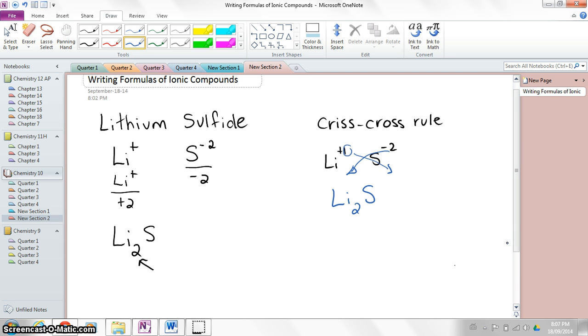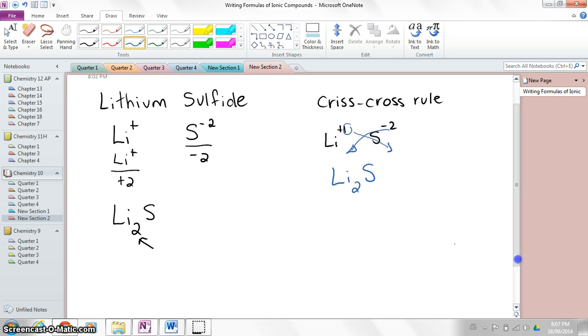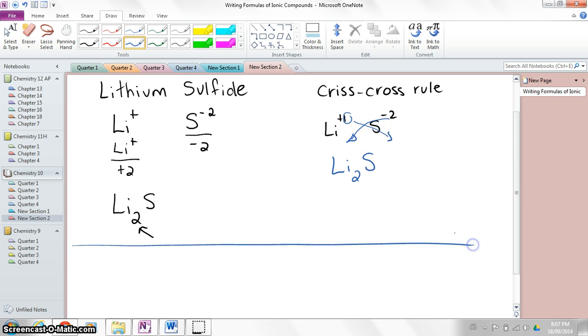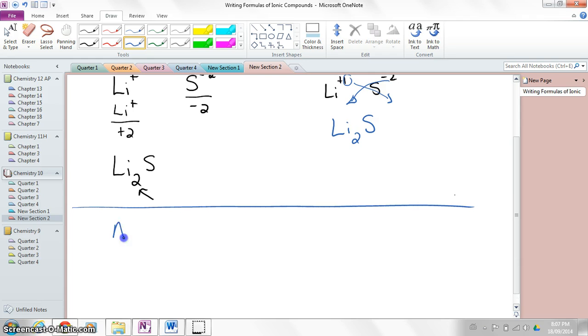Now that's lithium sulfide. Let's try another one. Let's say we had aluminum sulfate. Now the fact that sulfate ends in -ate and not -ide is a clue that you have to go to your table of polyatomic ions.